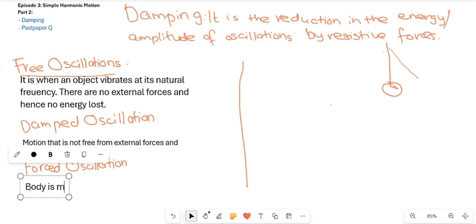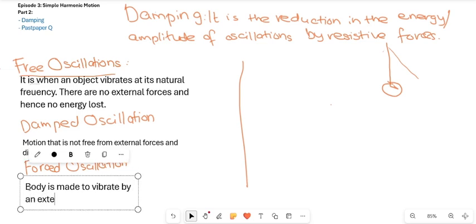That is to say, when you're sitting on a swing, you have to give it a push. You have to give it an initial push to get it started. That is what is forced oscillation, and then it gradually dies out. That is damped oscillation, and if it was in a vacuum, then again that was free oscillation.